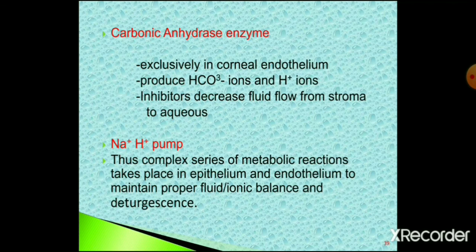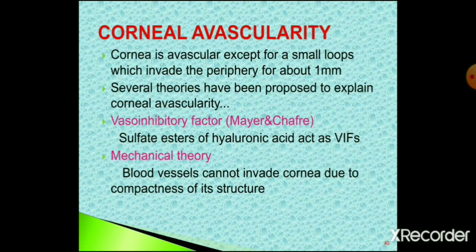Carbonic anhydrase inhibitors decrease the fluid flow from the stroma to the aqueous. Sodium hydrogen pump: this complex series of metabolic reactions takes place in epithelium and endothelium to maintain the proper fluid and ionic balance. That is the main function of the sodium hydrogen pump.